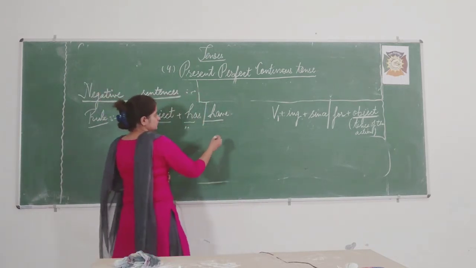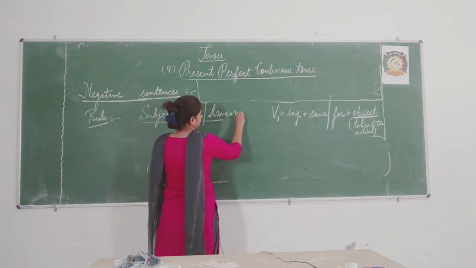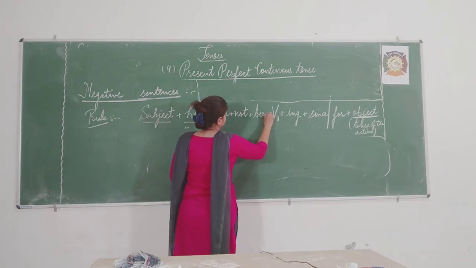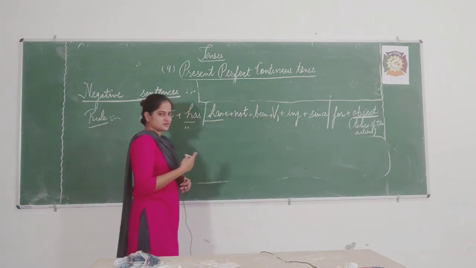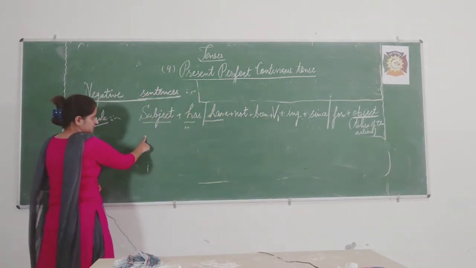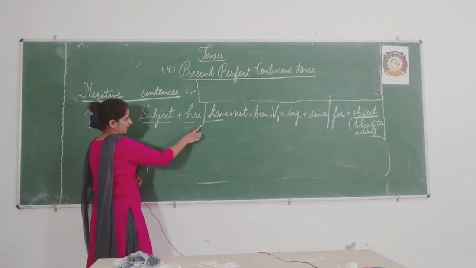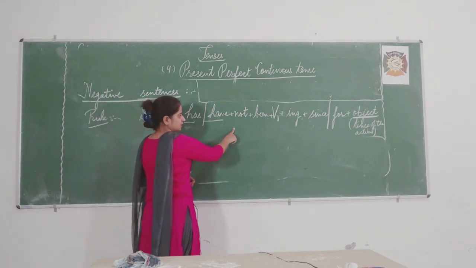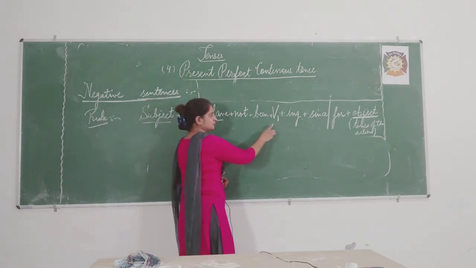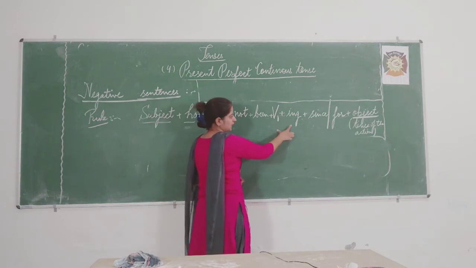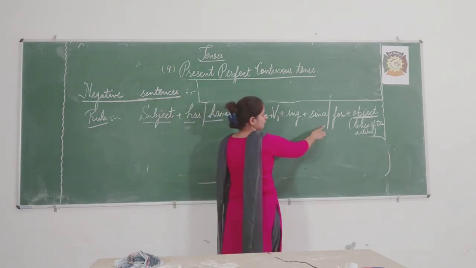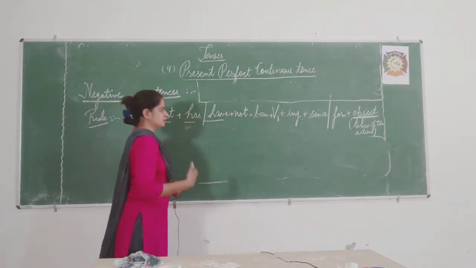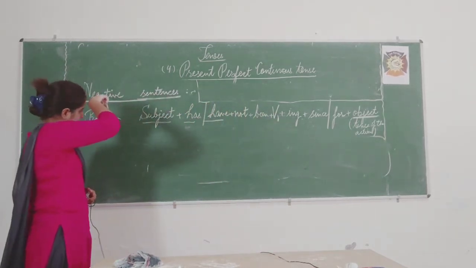We always use not after the helping verb here. Not plus been plus the rest of the sentence will remain as it is. Subject, helping verb has or have according to the subject of the sentence, then not, then been, verb's first form plus ing, plus since or for, plus object, and the object includes the timings of the action.